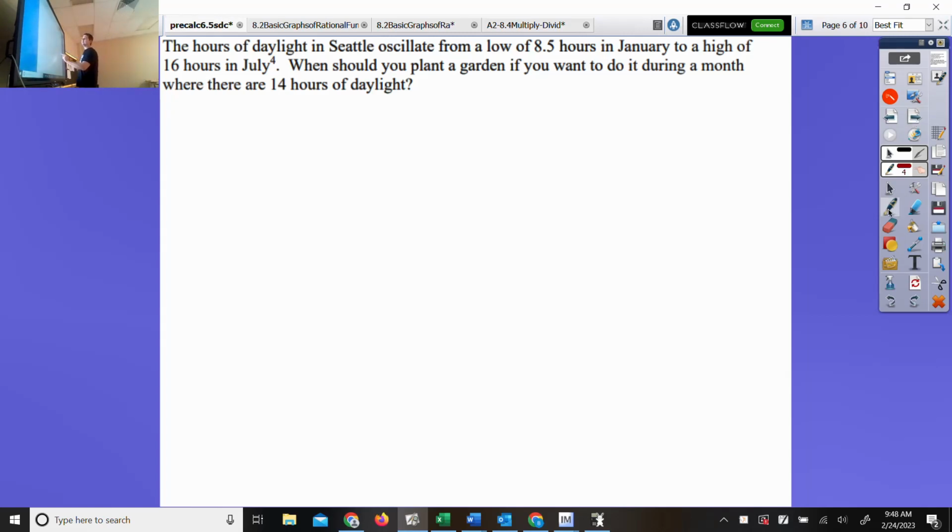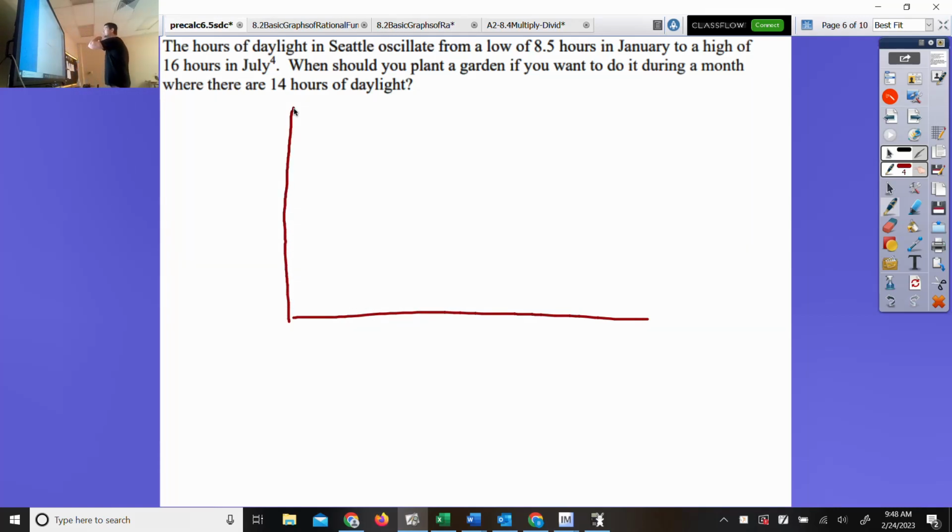Let's get a graph because that'll help us out. So the hours of daylight in Seattle oscillate from a low of 8.5 hours in January. We're going to put that at the origin, to a high of 16 hours in July.